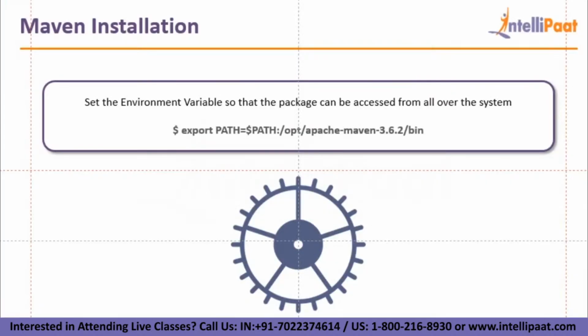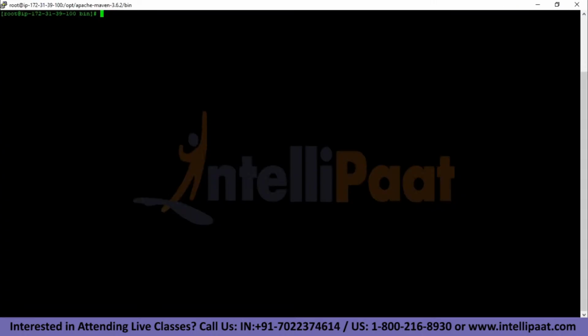So for that, we will need to use this command: export PATH=$PATH:/opt/apache-maven-3.6.2/bin. We are setting the environment variable so that the package can be accessed from all over the system. PATH here is the environment variable, and we're setting it in such a way that Apache can be accessible from all over the system.